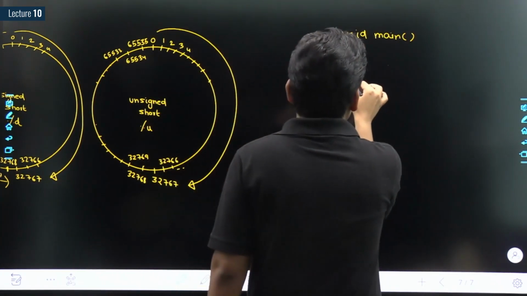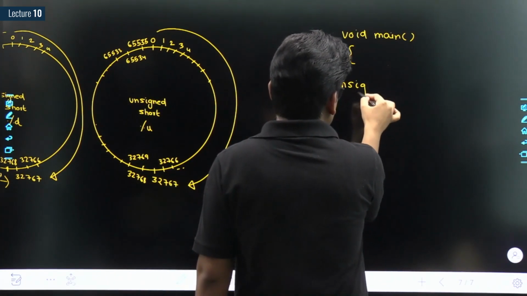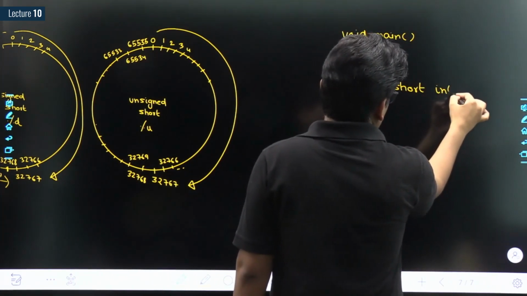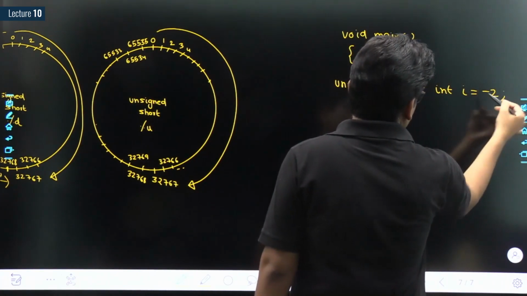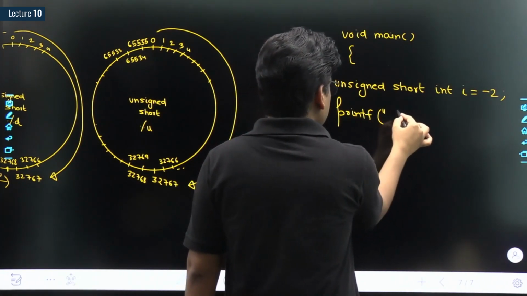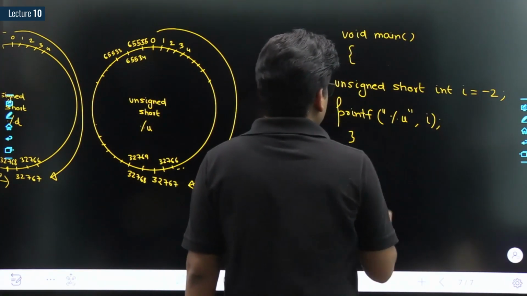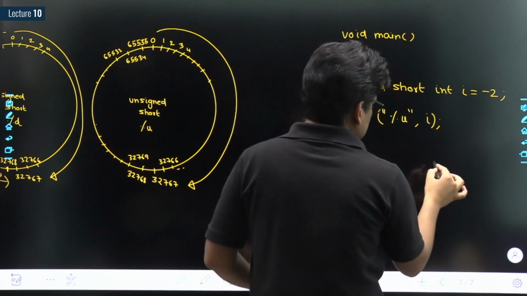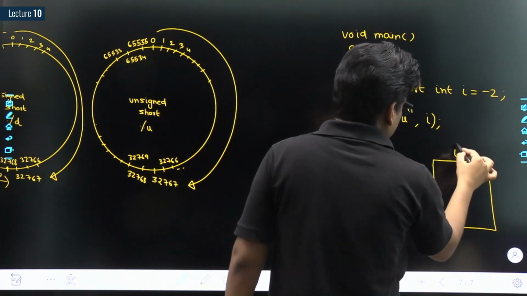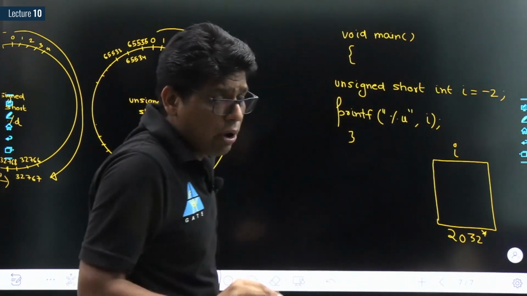Sir, unsigned short int i is equal to minus 2, printf %u, i. Sir, from the very first line, what happened? Somewhere in memory, a named location i is created and it must have some address, but we don't care about addresses as of now. Okay.